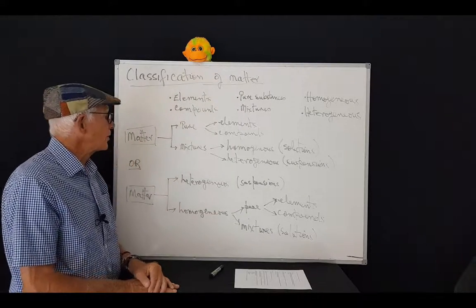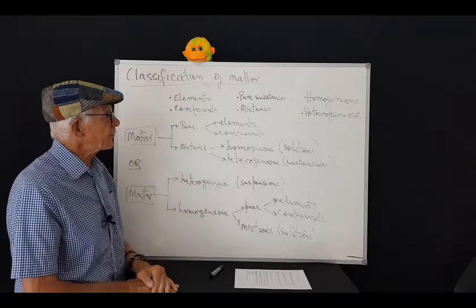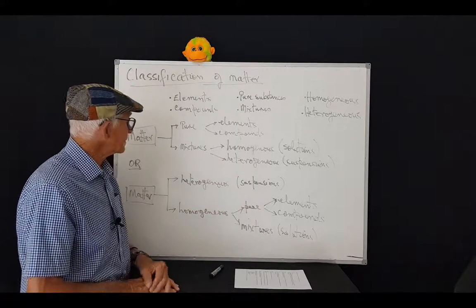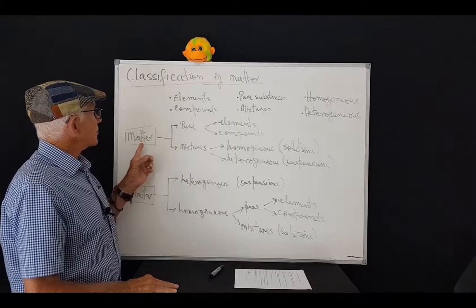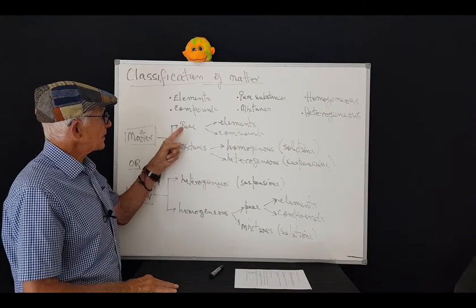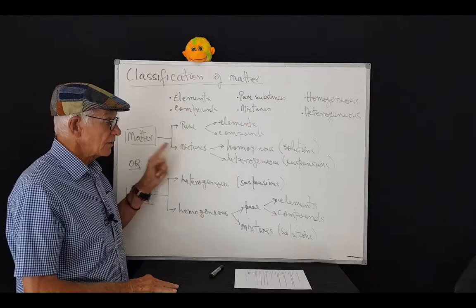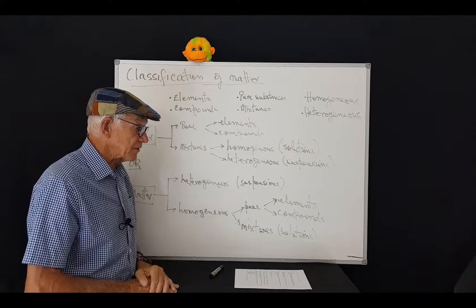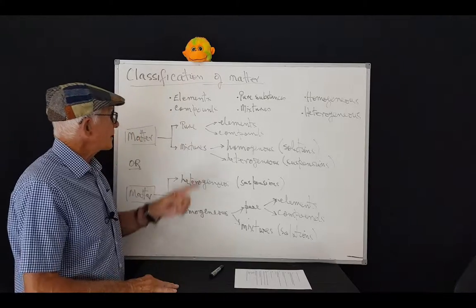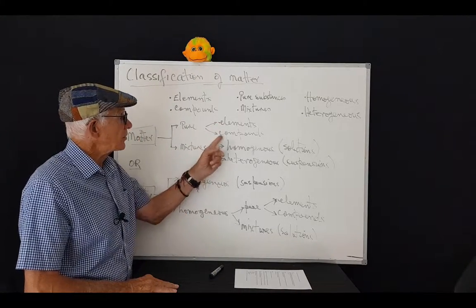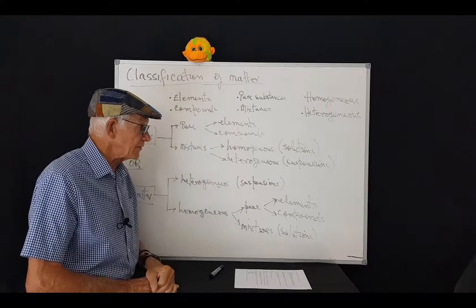Now, we could do what we were talking about before in identifying a police suspect. We could talk about matter can either be the stuff we're talking about, can either be a pure substance or one of the class of substances called mixtures. If it's a pure substance, it can be one of the subclass called elements or subclass called compounds.